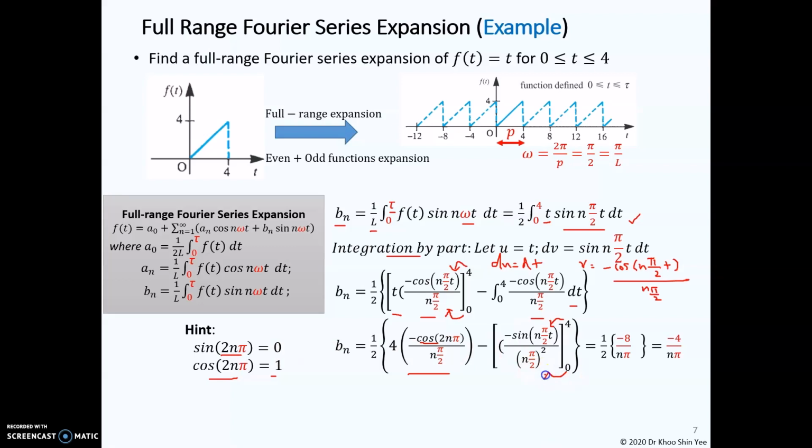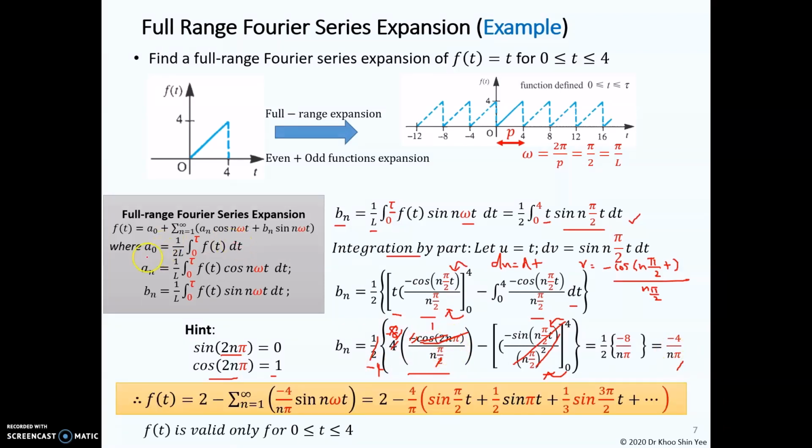Substitute 0 inside, so we know sine 0, you always obtain 0, therefore this term is 0. 4 divided by pi over 2 here, you obtain 8. So you have negative here, negative 8 multiplied with 1 over 2, you obtain negative 4. So you have negative 4 divided by n pi. So this is your final answer.